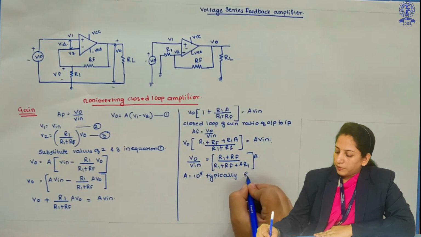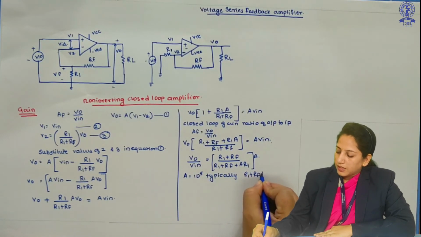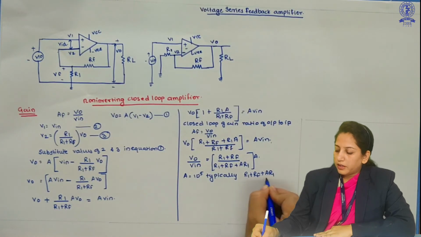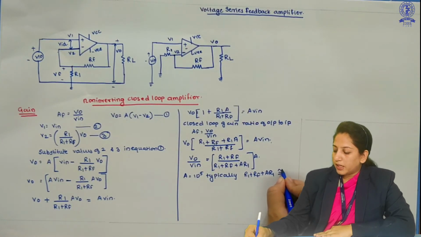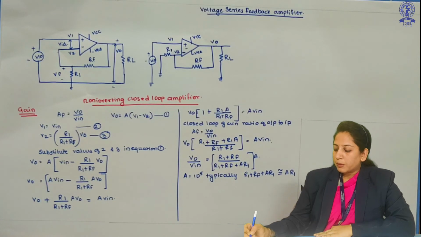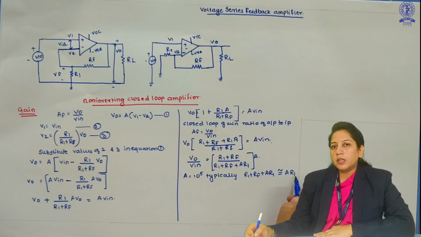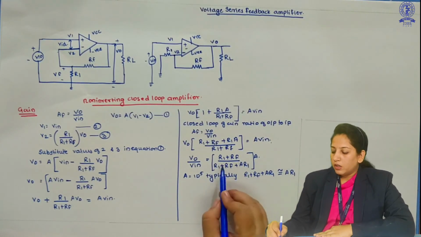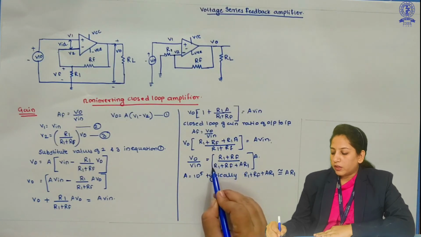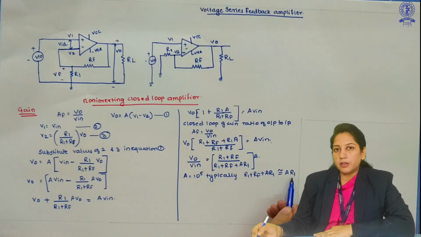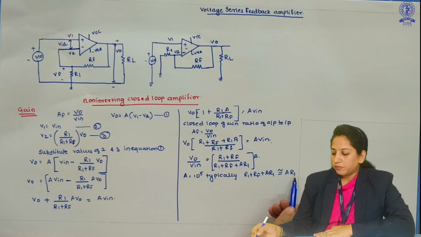So R1 plus RF plus A R1, this whole term, will be approximately equal to A R1. And now instead of writing this whole term, I will consider the approximate term, that is A R1.